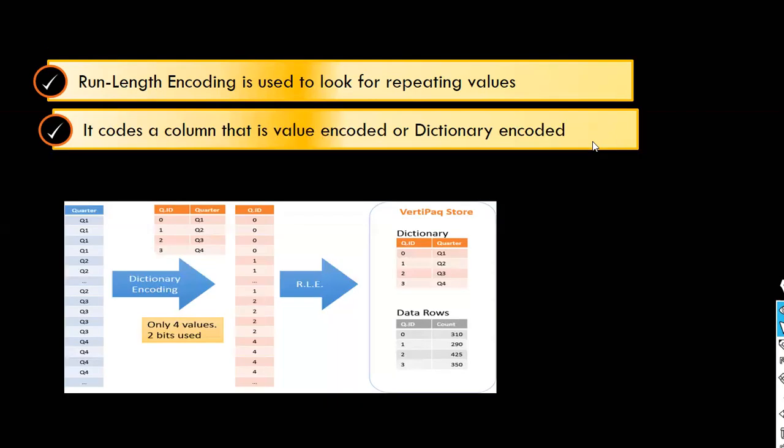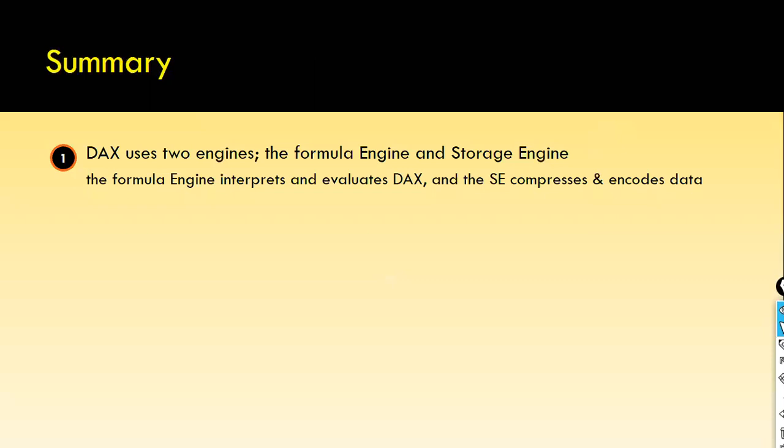So this is how the run length encoding technique works to compress the data, and then it loads the data in memory. To summarize, we discussed two types of engine, the formula engine and the storage engine. In the interview, they'll ask you, can you explain the DAX engine?